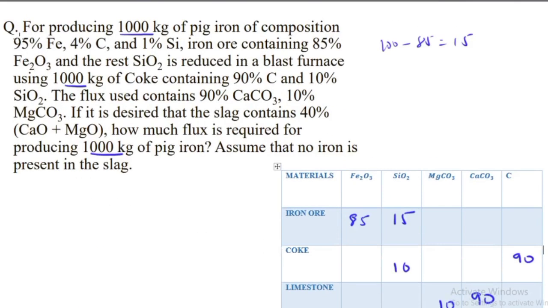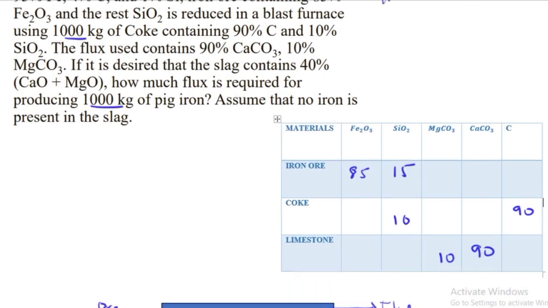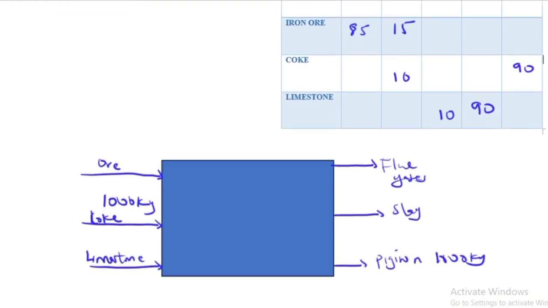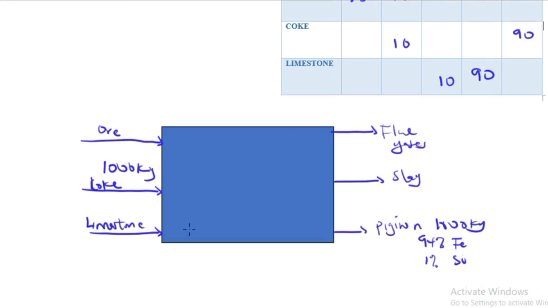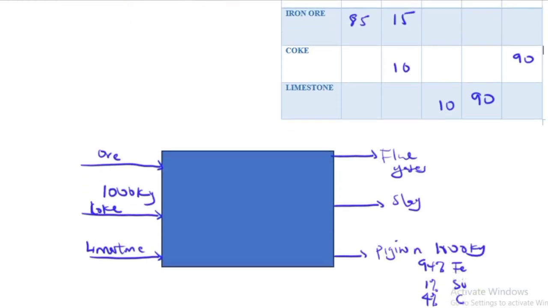The pig iron contains 95% of iron, 1% of silicon, and then we have 4% of carbon. This is 95, 4, and 1, which gives you 100.